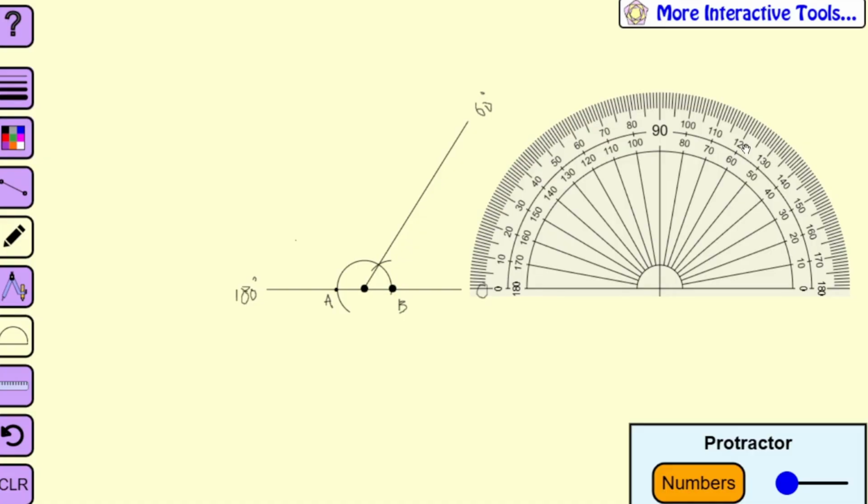But how is the opposite on the same side as 60? Now, this is where we're going to observe the protractor. All right? Observe the protractor. There's another 120 that is located on the opposite side.